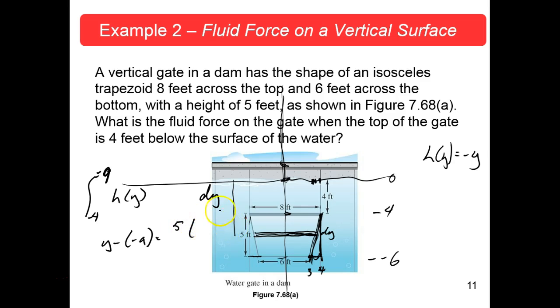Times x minus 3. Okay? And that basically is what they do here. Y plus 9 is equal to 5 times x minus 3. To me, the hardest part of these problems is always finding this length function.